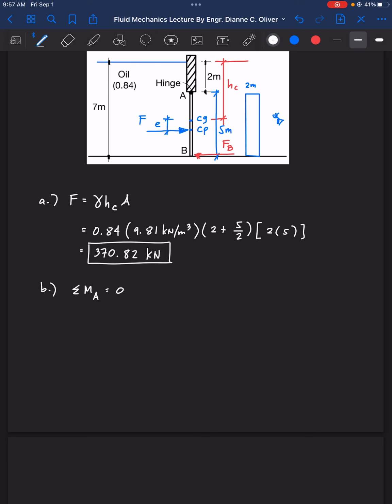So we have here the force at B. We put here positive clockwise.